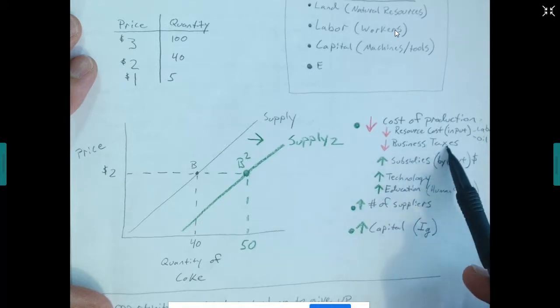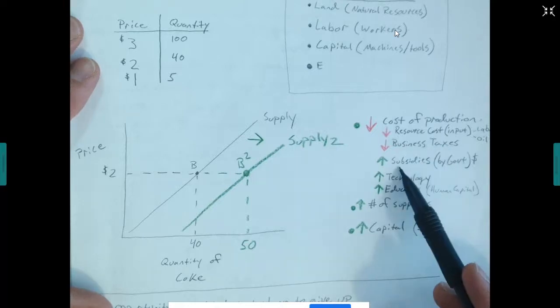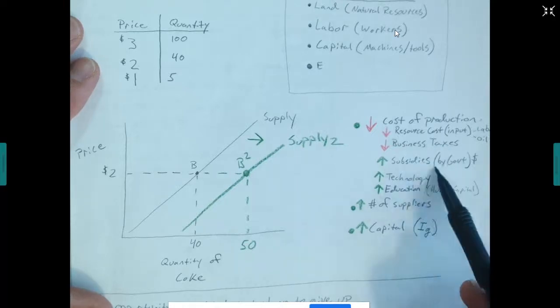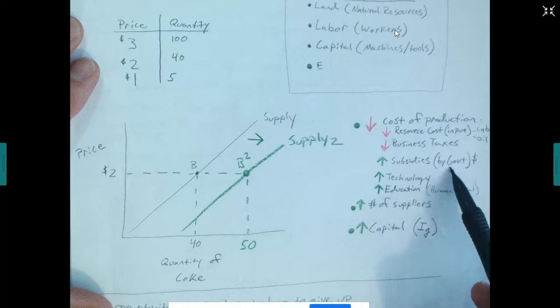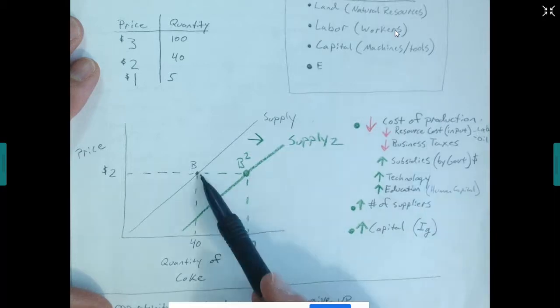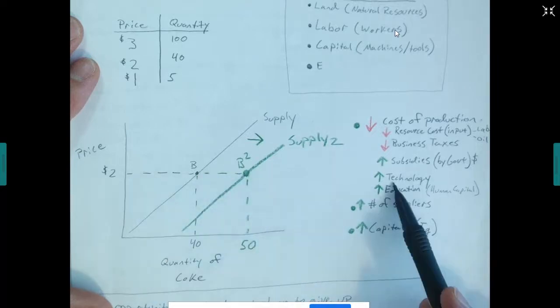If business taxes were to go down and the government was charging less money, or if the government was increasing its subsidies and giving money to these businesses, these things would cause a drop in the cost of production, allowing businesses to produce more even at the same price.